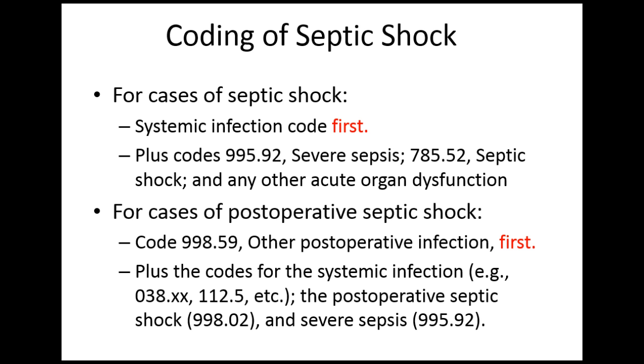For cases of post-operative septic shock, you will code 998.59 other post-operative infection before the other codes associated with the sepsis. Okay, this does not mean that the 998.59 is your principal diagnosis. Remember, your principal diagnosis is the reason for admission, so most likely the condition that the surgery was for.